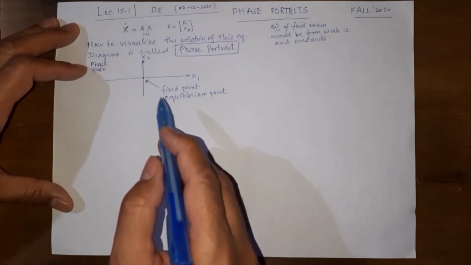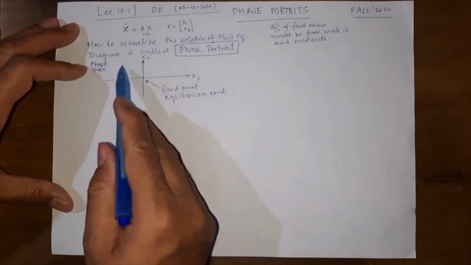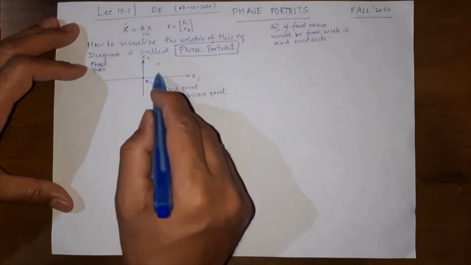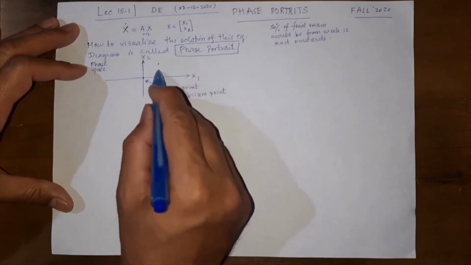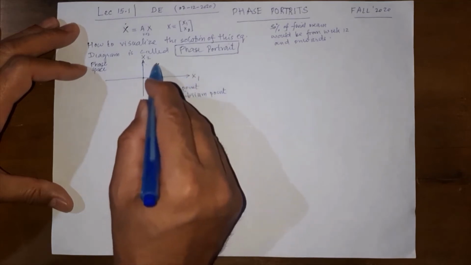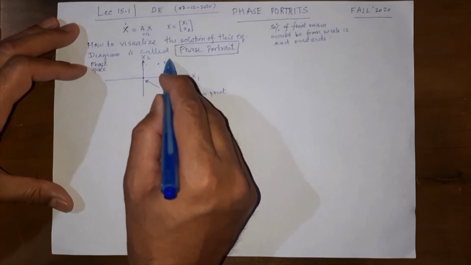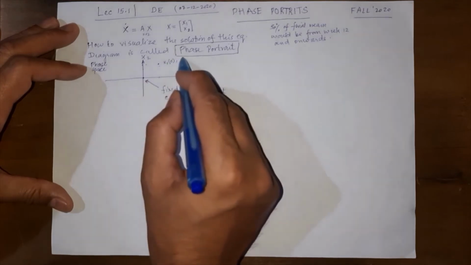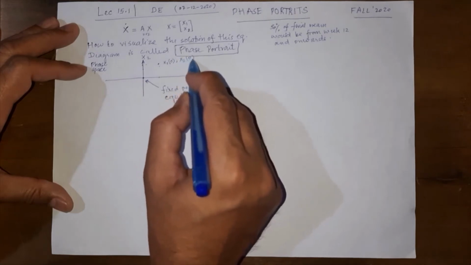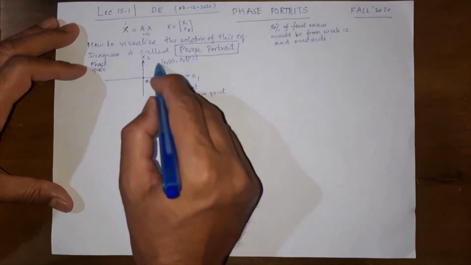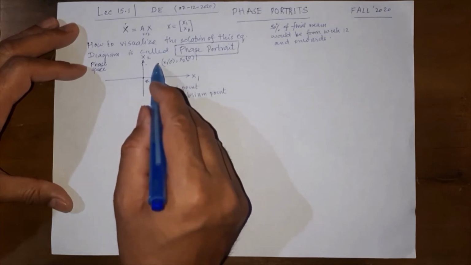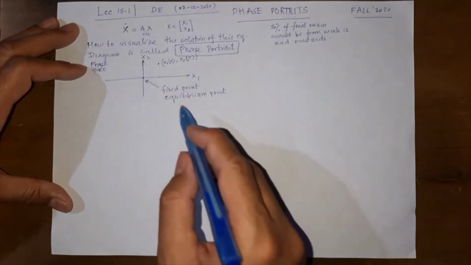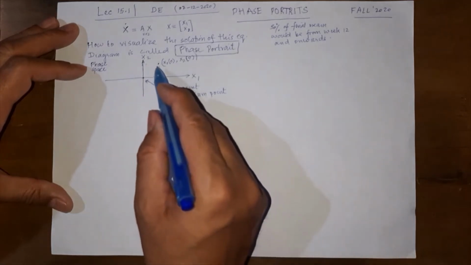However, for other initial conditions, say an initial condition here, what would this mean? x1 is going to have this value and x2 is going to have this value. Say x1 at t equal to 0 has some value, this one, and x2 at t equal to 0 has some value. Then how the system behaves for this initial condition is what we will represent by a trajectory.